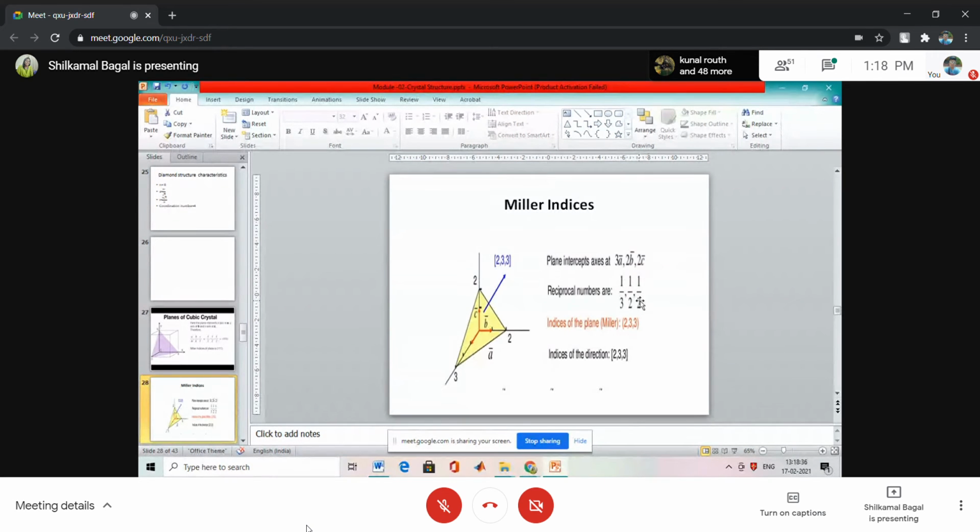These reciprocals converted into integers. Reciprocals of what? Of the intercepts. Then how can we define the Miller indices? Miller indices are nothing but the reciprocals of the intercepts converted into integers.